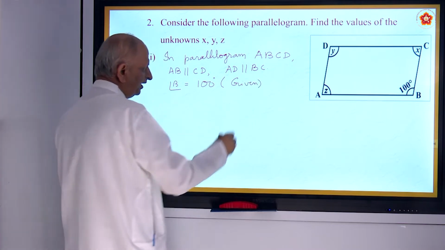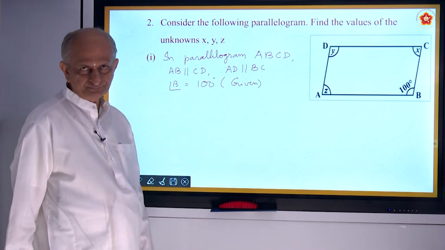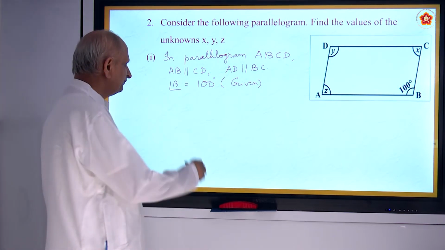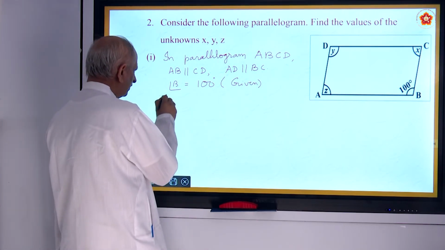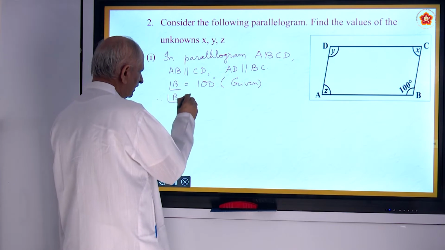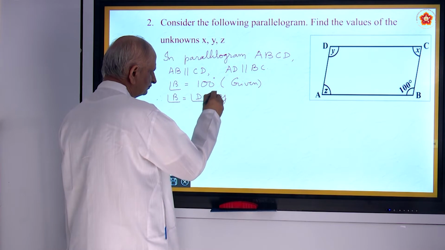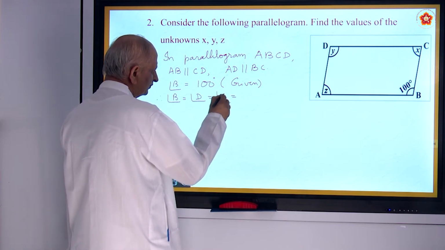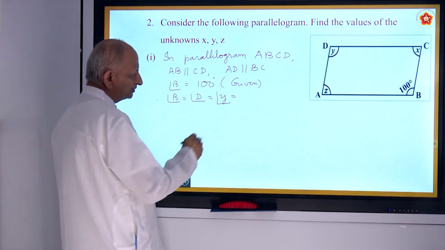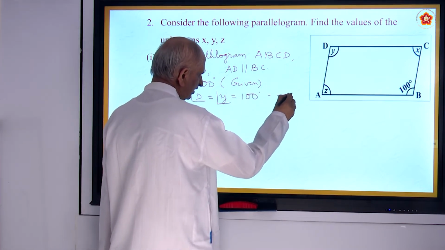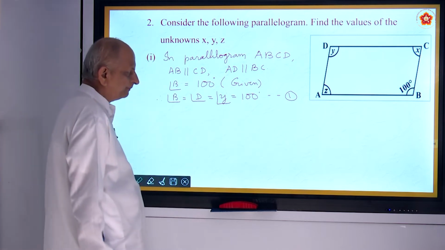If B is 100, what about D? That also will be 100, correct? So, therefore, angle B is equal to angle D, and that is equal to angle Y is equal to how much? 100 degrees. So, we got result number 1, Y is got.